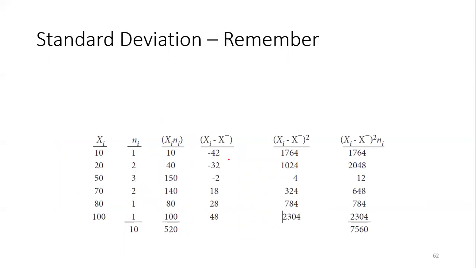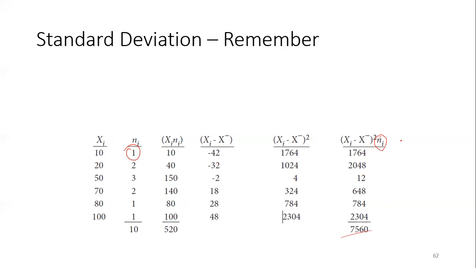And similarly, remember this is the sample variance that they have calculated, from similar data, not the same but similar data, right? Remember we said xi minus x bar, and we squared them and then multiplied it with the frequency that we have here, and sum them up and divide it by n minus 1.